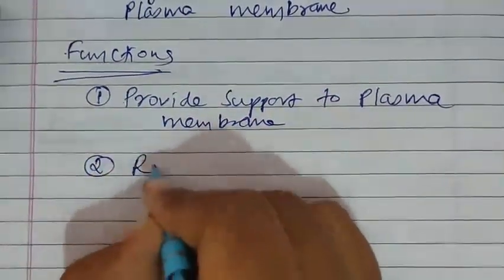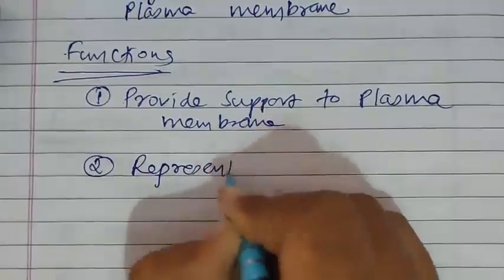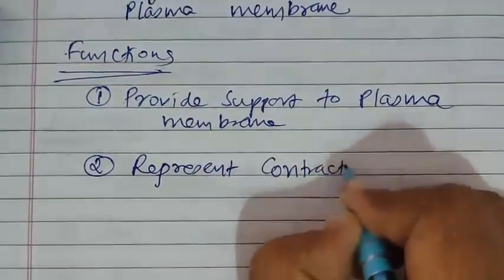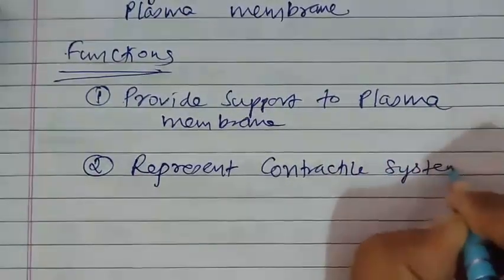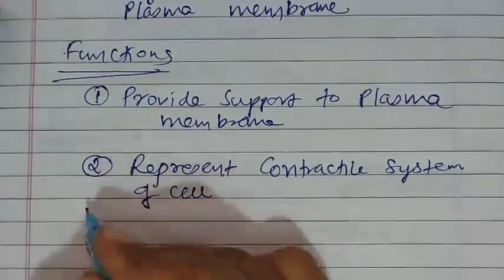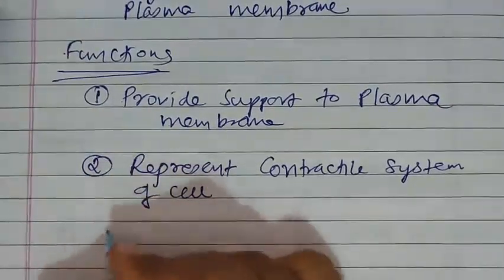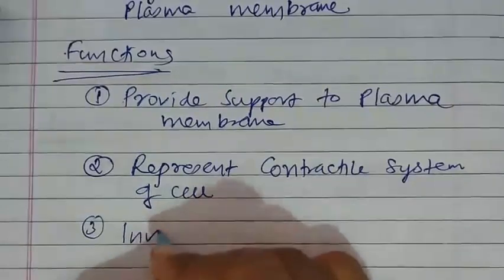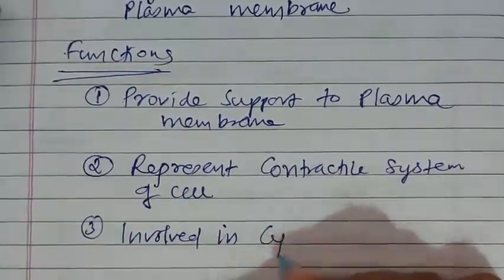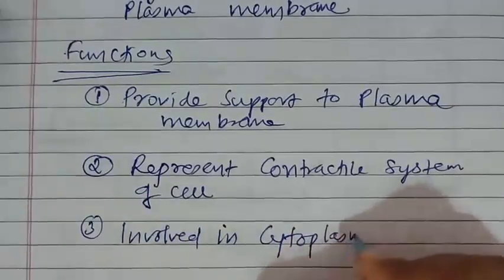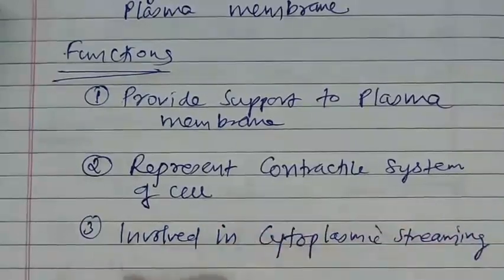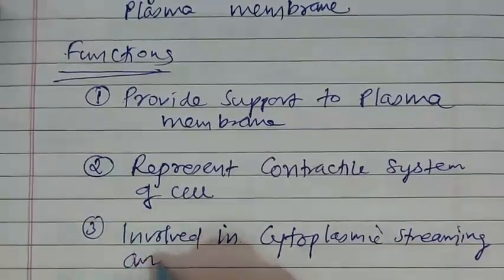Second, it represents the contractile system of the cell, and is involved in cytoplasmic streaming, that is movement of cytoplasm, and amoeboid movement.